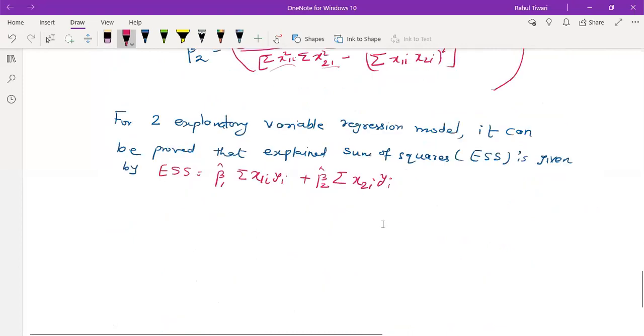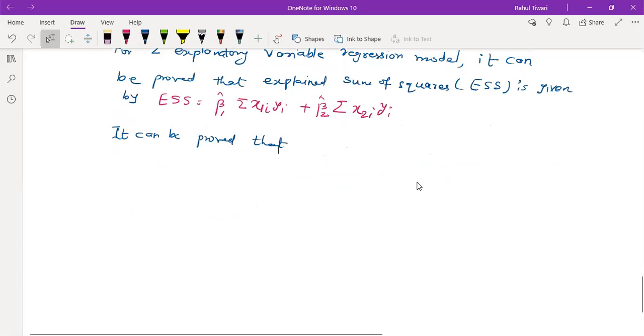And also, it can be proved that for total sum of squares, the degree of freedom is going to be, can you tell me the total degree of freedom? n minus 1.